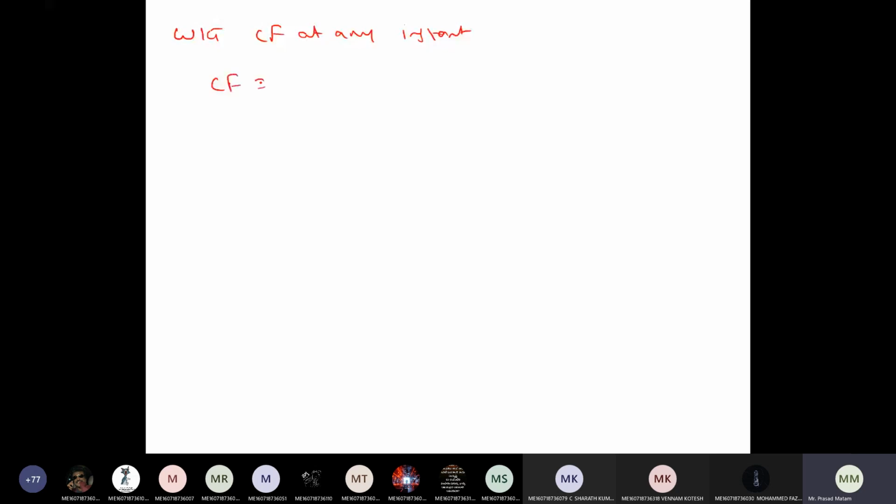Remember this equation: centrifugal force FC is equal to FC1 plus FC2 minus FC1 into r minus R1 by R2 minus R1. This is the equation. So centrifugal force FC I found, that is the mean centrifugal force, 553 newtons.